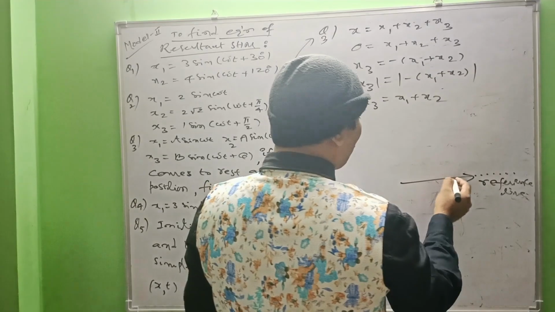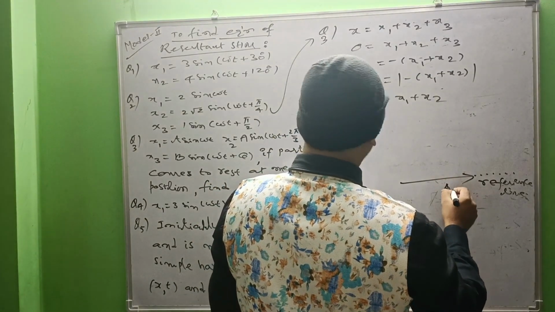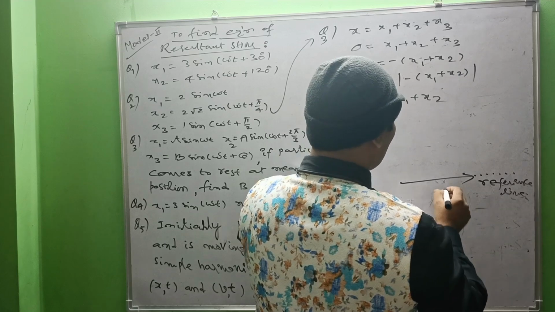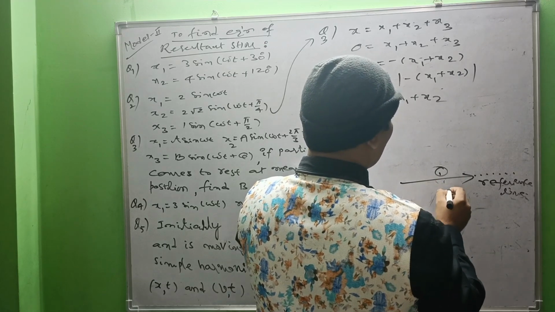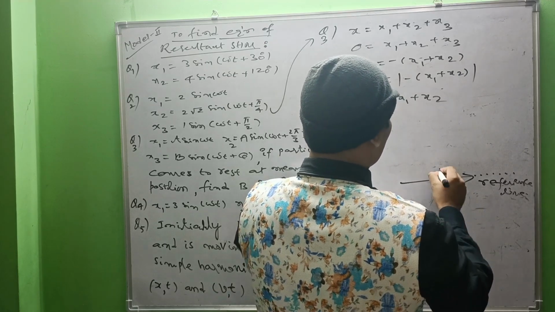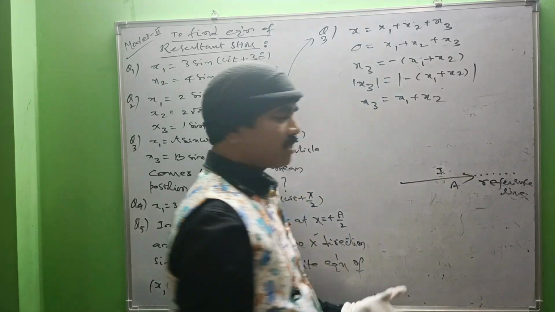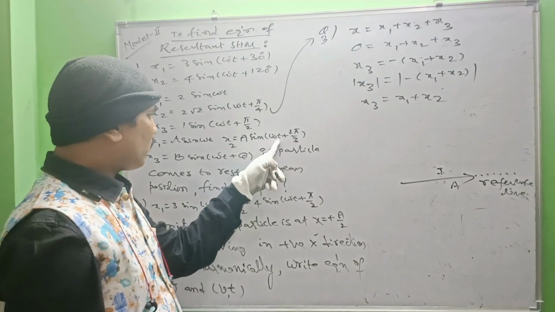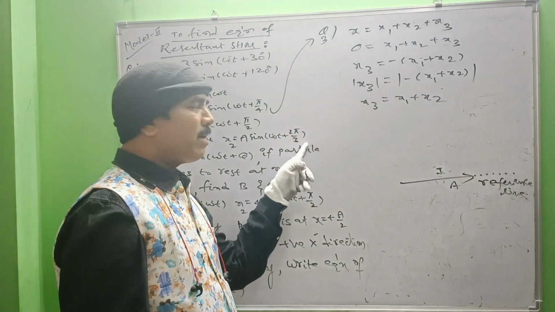So therefore this is A1, and A1 equals A. First oscillation, amplitude A. Now coming to the second one, when t equals 0, what is the phase here? 2 pi by 3.